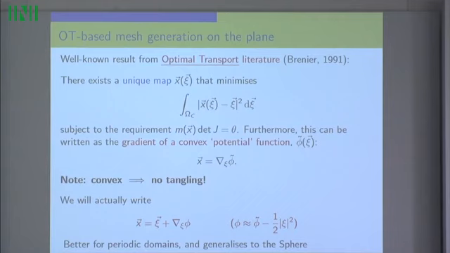So what we're going to do then is to find our meshes using Brenier's theorem. We are going to look for solutions of the equidistribution equation which have this beautiful geometric structure.